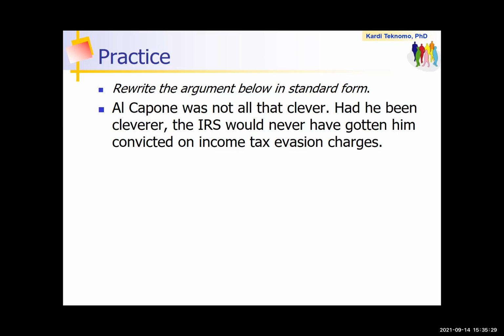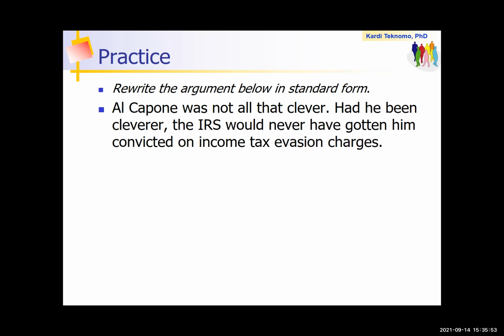Rewrite the argument below in the standard form. Al Capone was not all that clever. Had he been clever, the IRS would never have gotten him convicted on an income tax evasion charge. Al Capone was one of the notorious criminals in Chicago.